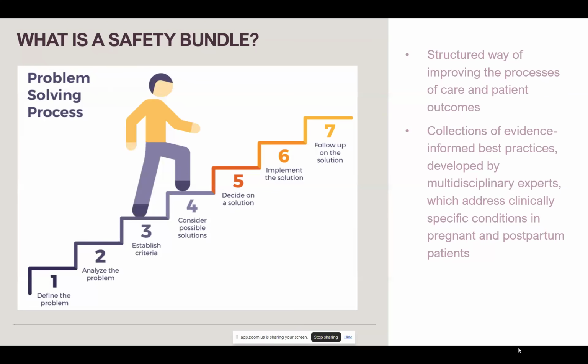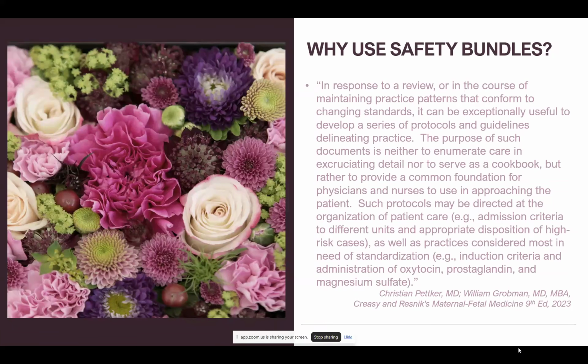Within the safety bundle work that we do in the state, that is always a key piece. Now, I will say for South Carolina, we have implemented several safety bundles at the state level, but we have not done the VTE bundle individually as a state.